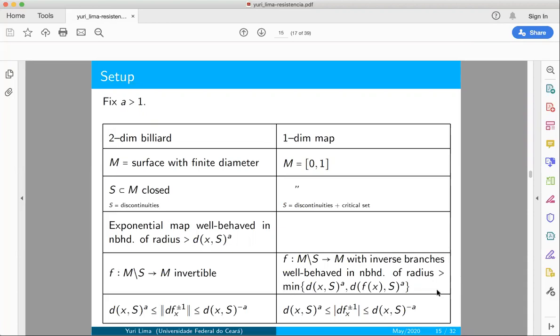So you consider the distance of the point and of its image to the singular set, you raise it to a power a, and then you require that the inverse branch that takes f of x back to x is well-behaved in this neighborhood. And finally, again, we require that the derivative can either explode to infinity or go to zero, but only in a polynomial fashion. All right, so this is the setup.